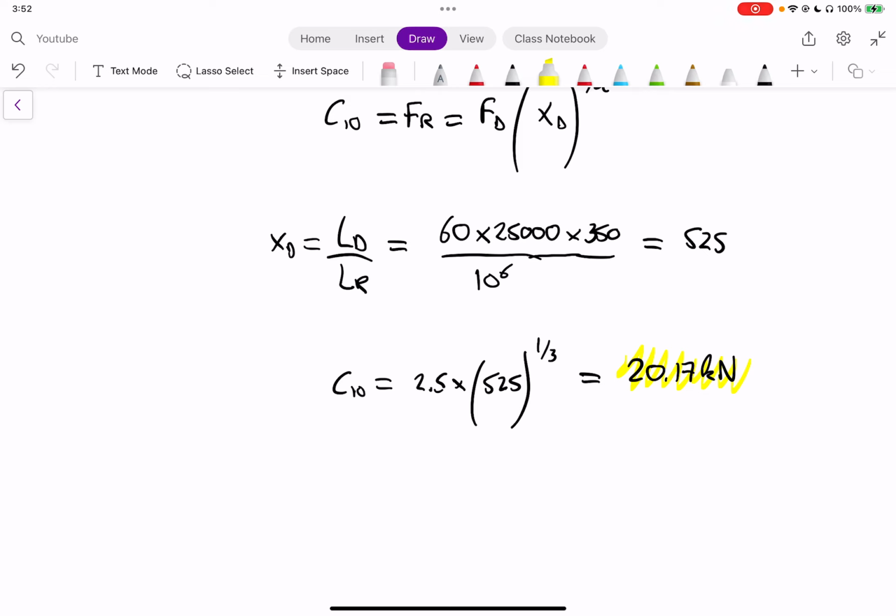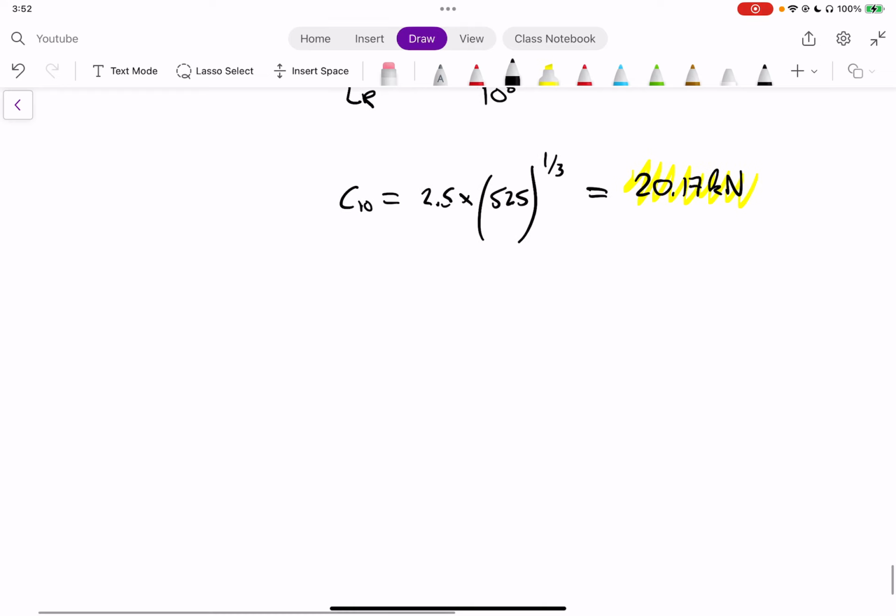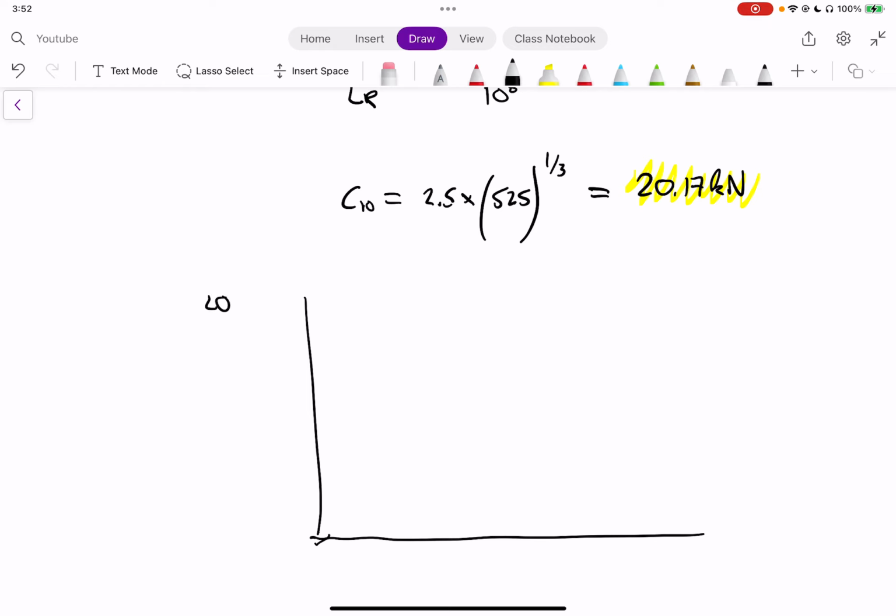Okay, and one way I can show you this on an actual graph, to try and show you the representation of what's happening, is to look at the graph of log of F versus log of life. You could do this with a graph of F versus life, which wouldn't have a straight line, but we know that log of F versus log of life for a certain bearing is a straight line.